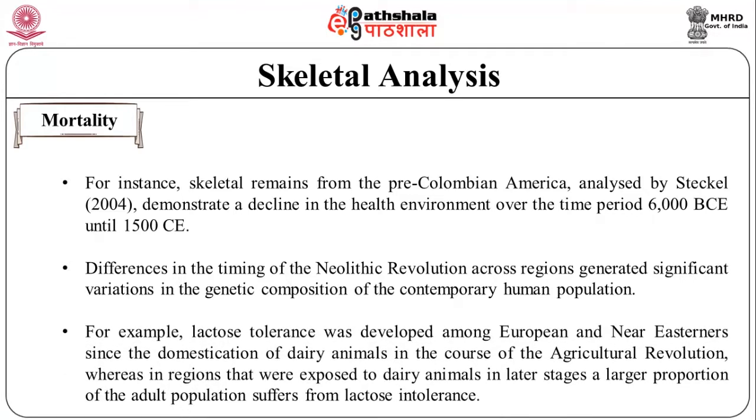For example, lactose tolerance developed among Europeans and the Near Easterners since the domestication of dairy animals in the course of the agricultural revolution, whereas in the regions that were exposed to dairy animals in the later stages, a larger proportion of the adult population suffers from lactose intolerance.